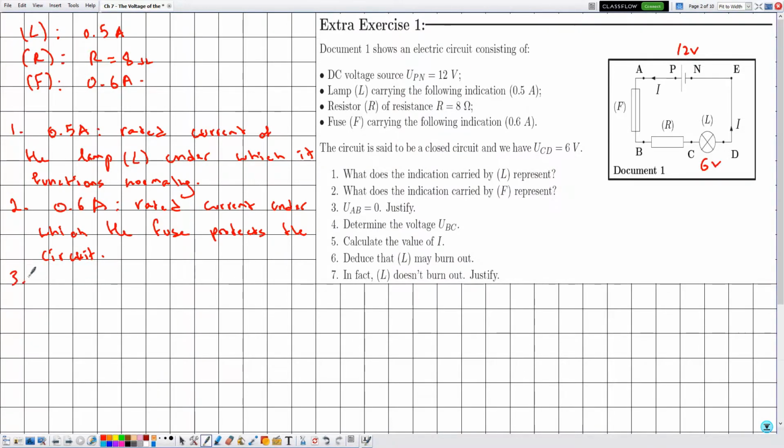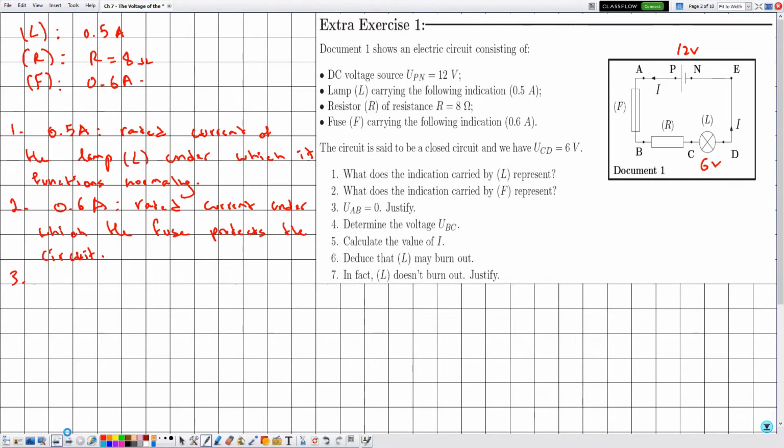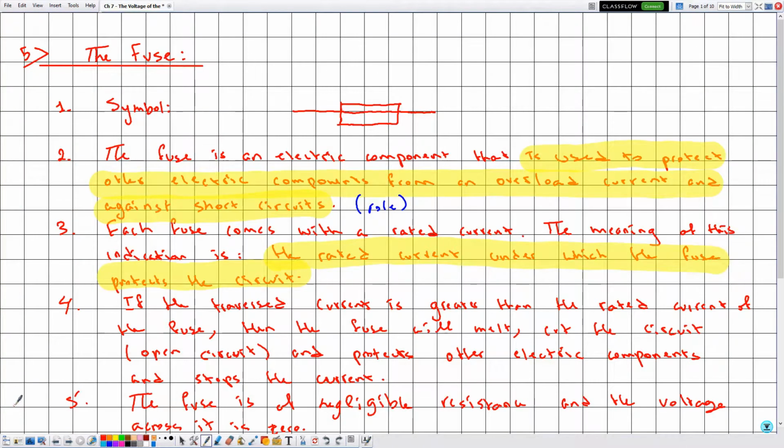Now as for number 3, they are telling me UAB is equal to 0. Notice that UAB is the voltage across the fuse, and we know that the fuse is of negligible resistance.